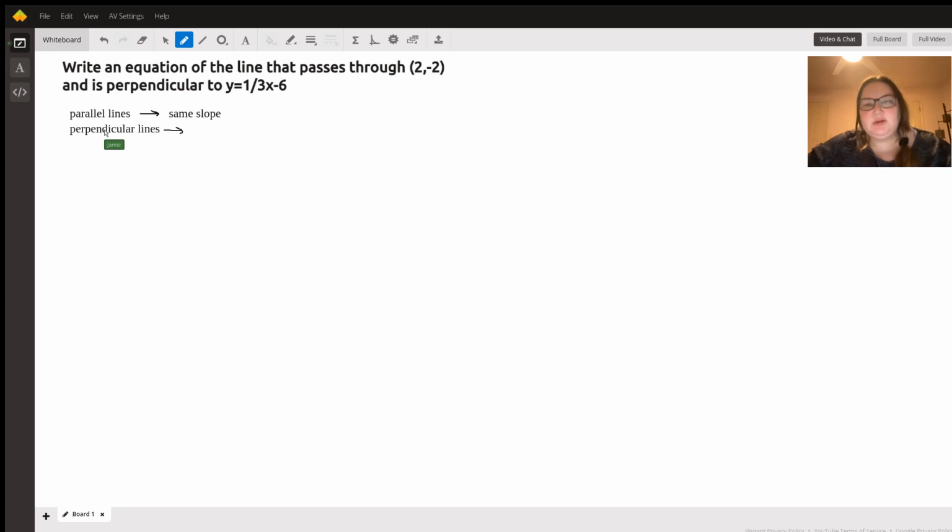So if we were trying to do a parallel line to the line given, we would be able to identify that the slope is 1/3, and that parallel line would also have a slope of 1/3. But for perpendicular lines, you use the opposite reciprocal.